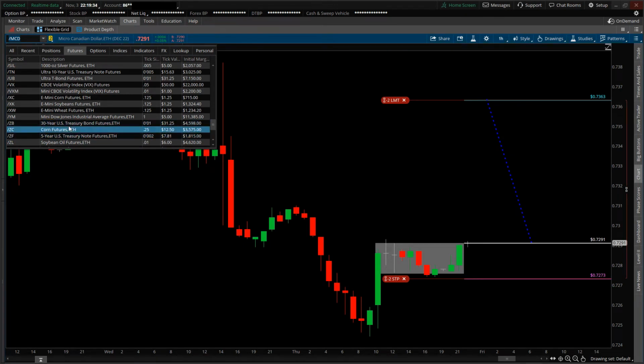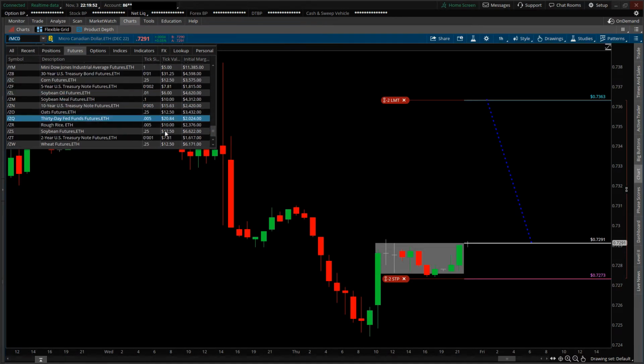Here we have the 30-year Treasury bond. Every move is equal to $31.25. I haven't traded this one. Then we have the VIX futures, a $50 move. Each tick size differs. What else? I've traded the 10-year.